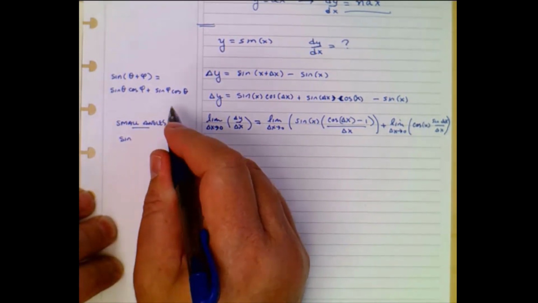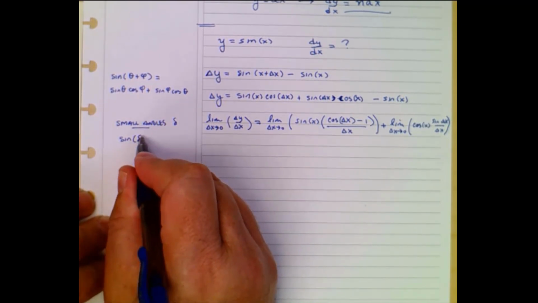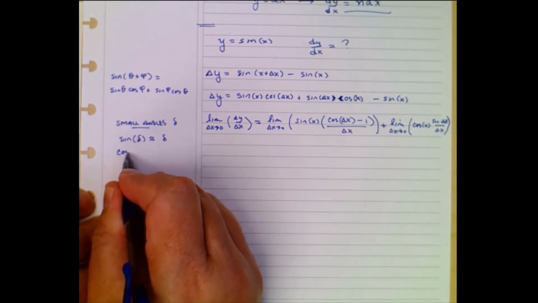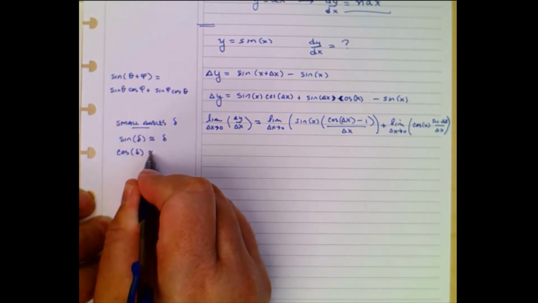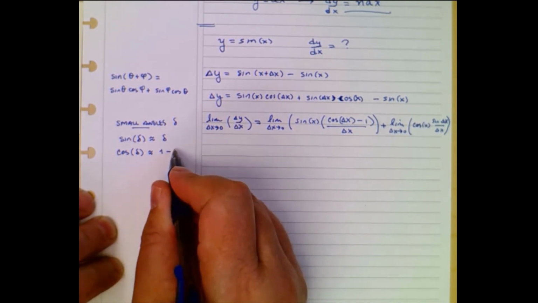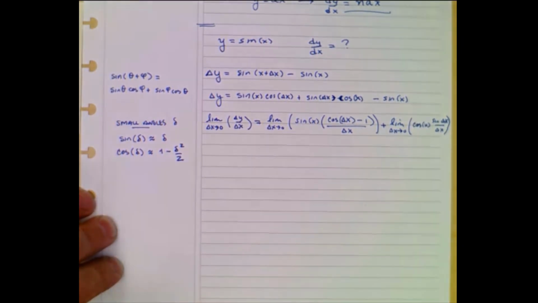For small angles, little delta, sine of delta is approximately delta, and cosine delta is approximately 1, but we augment that with a second term in the series expansion that we'll talk about in another video: 1 minus delta squared over 2.